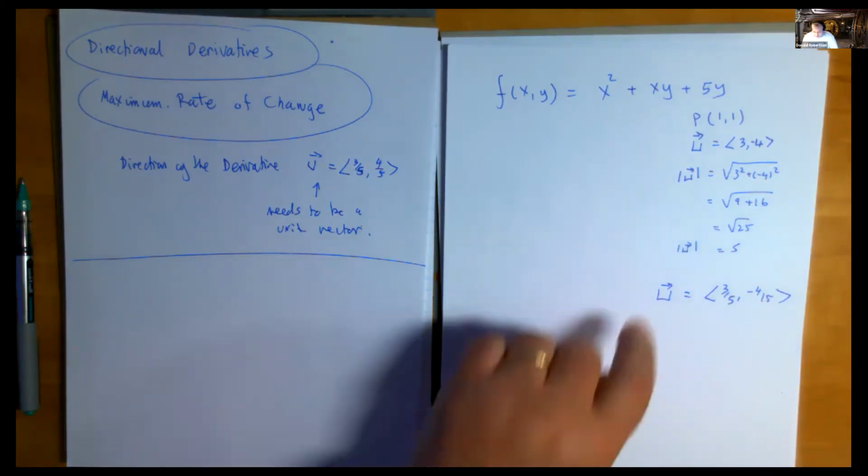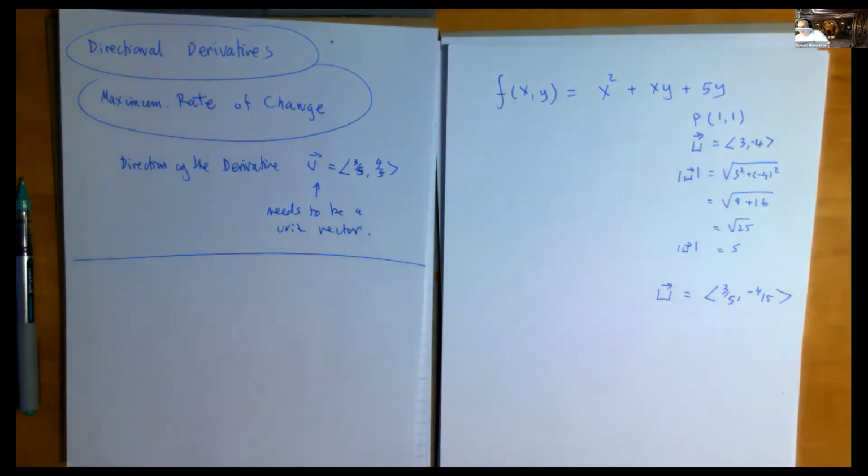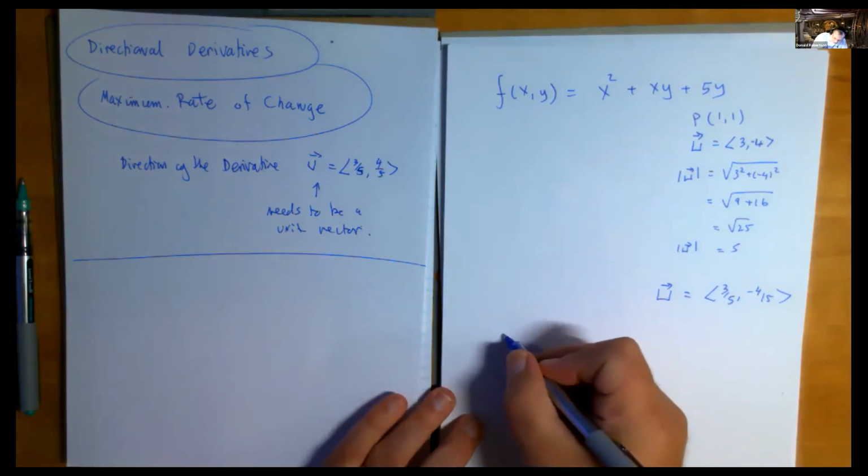Would you agree it's in the same direction as the original? It's just 1 unit long. That's just a little nuance. A lot of the questions we've done, remember the ones where theta was pi/4? They were unit vectors because (cosine pi/4, sine pi/4) is 1 unit long. So back to our vector.